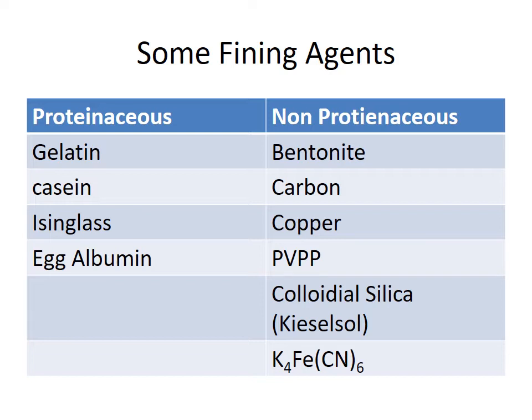If someone adds 3, 4, 5 times the legal limit of copper to a wine, you can come back in and clean that up with potassium ferricyanide. I'm not going to tell you how to do it, because the Australian Wine Research Institute, AWRI, has a fantastic page for that. Look that up, and if you ever have an issue with that, they will guide you right through that process.